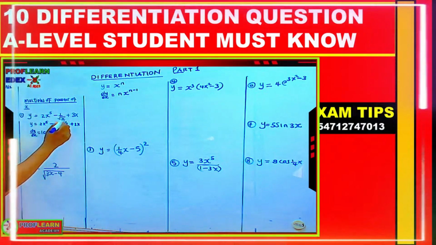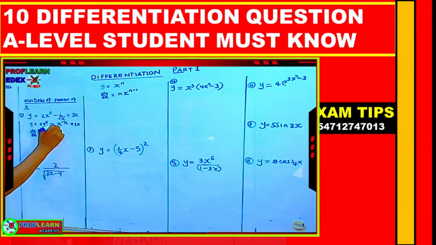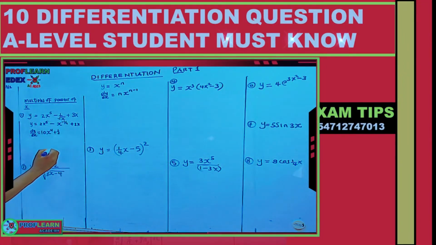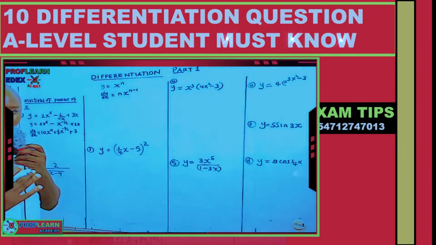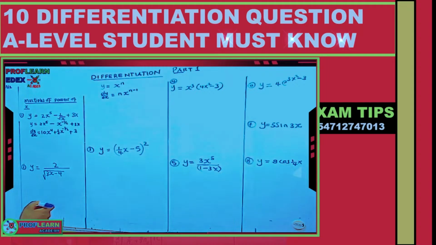I'll take this negative half down to become positive, so I'll have x^(-1/2 - 1), that will be negative 3/2. Then differentiating 3x, I'm going to get 3. So basically that's what you do when it comes to differentiation.